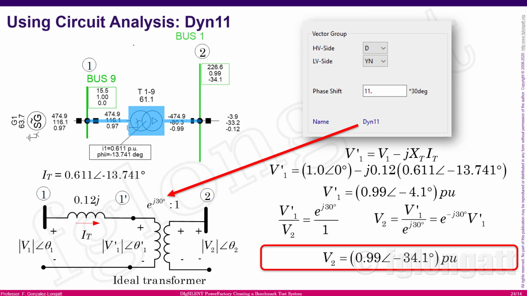In this case, we are using a DYN11, and this DYN11 has 30 degrees. And this 30 degree is located here at the ideal transformer, okay?